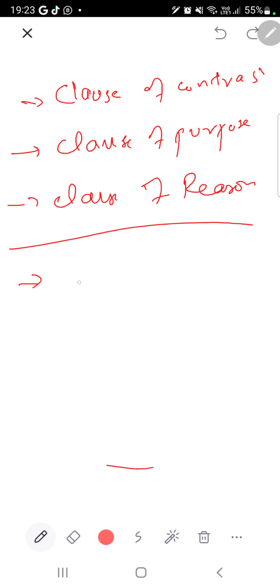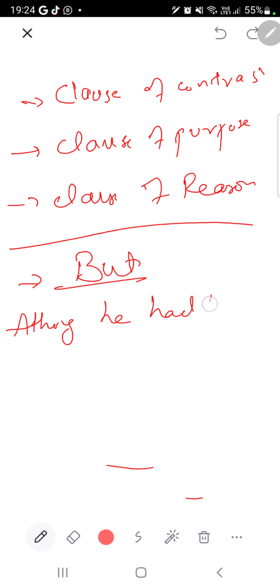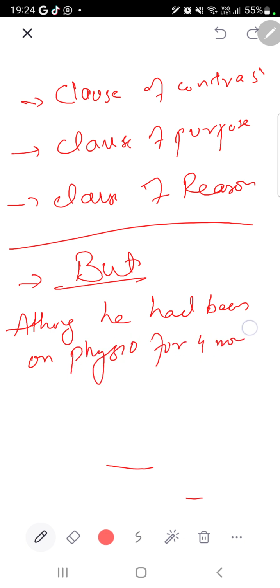So if we have two things in contrast where you are going to use but over here, as I gave you an example, let's say: Although he had been on physio for 4 months, his range of motion did not improve.